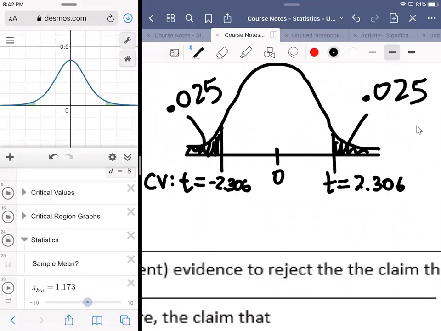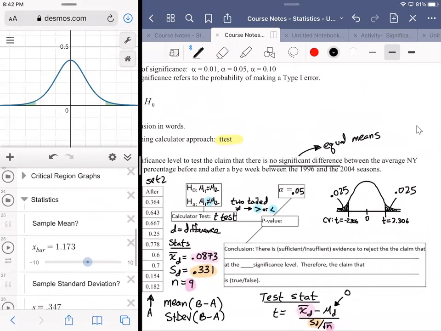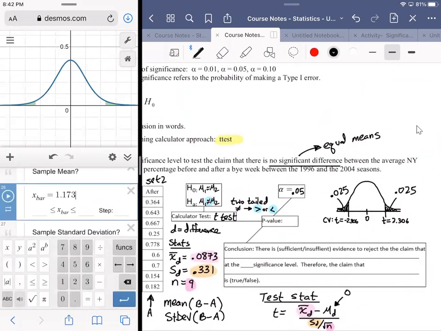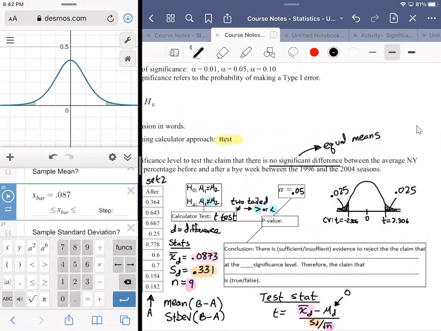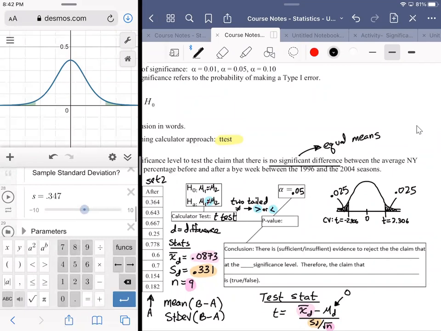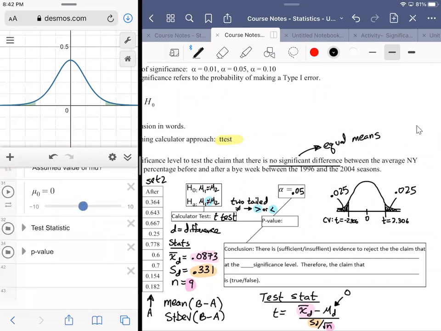All right, statistics, sample mean. This one, I'm not going to be able to scroll to it. So I'm going to type in 0.0873. For sample standard deviation, 0.331. The parameter, I'm going to make that a 0.